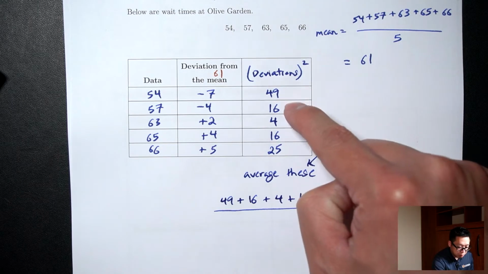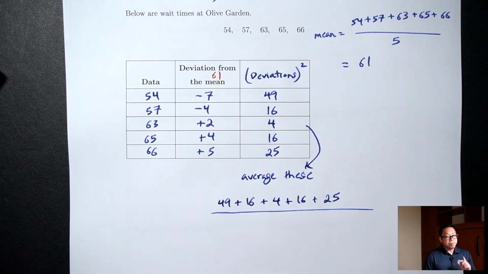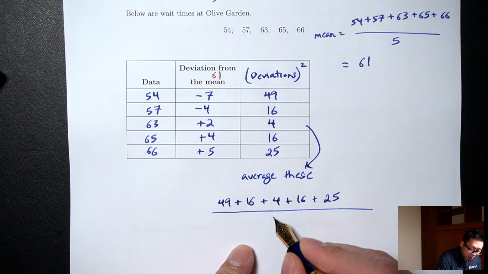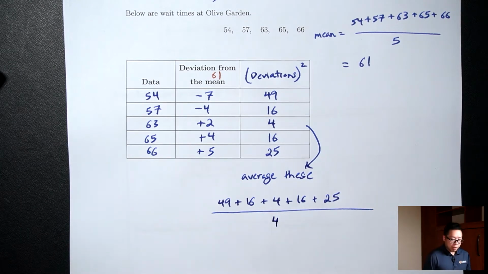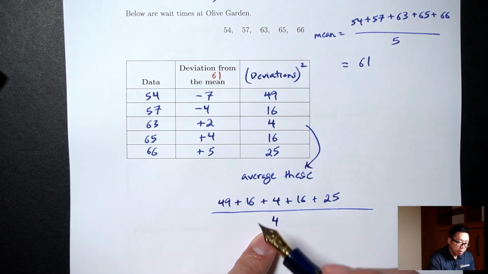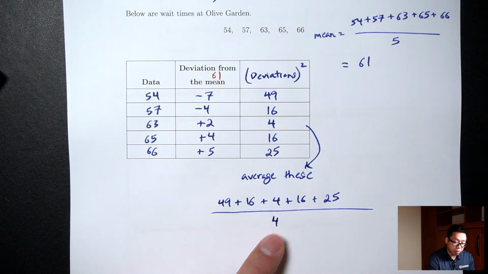Now we have 1, 2, 3, 4, 5. Now this is going to be slightly weird, but instead of dividing by 5, I'm going to divide by 1 less than 5, 4. And I'll explain why later on. Okay, so this is kind of an average, but instead of dividing by 1, 2, 3, 4, 5, we're going to divide by 1 less than that, 5 minus 1, which is 4.